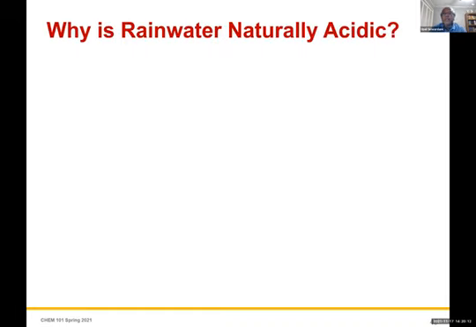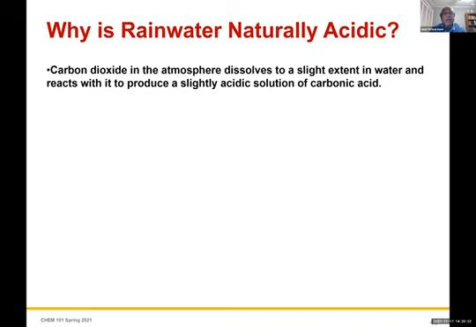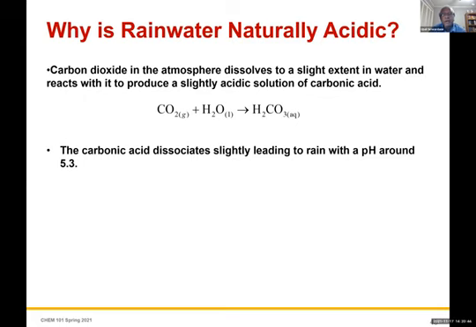The rainwater is naturally acidic. When it rains, carbon dioxide dissolved in water produces carbonic acid, which produces acidity. Carbon dioxide in the atmosphere dissolves to a slight extent in water and reacts to produce a slightly acidic solution of carbonic acid, H2CO3. The carbonic acid dissolves slightly, leading to rain with pH around 5.3.